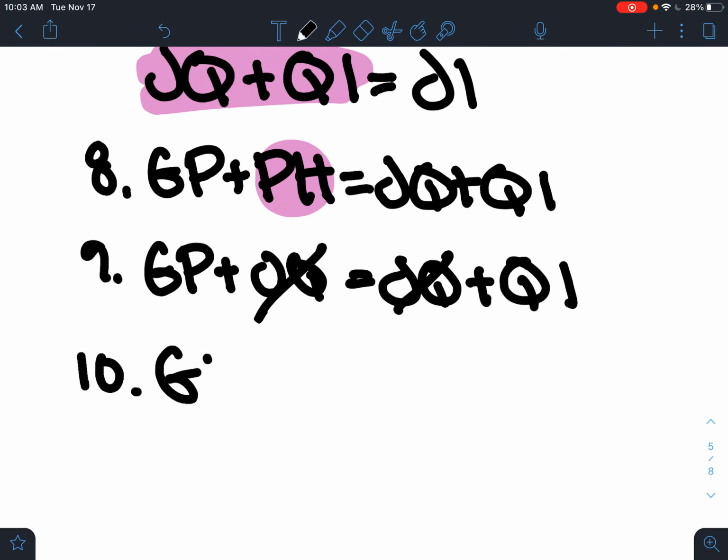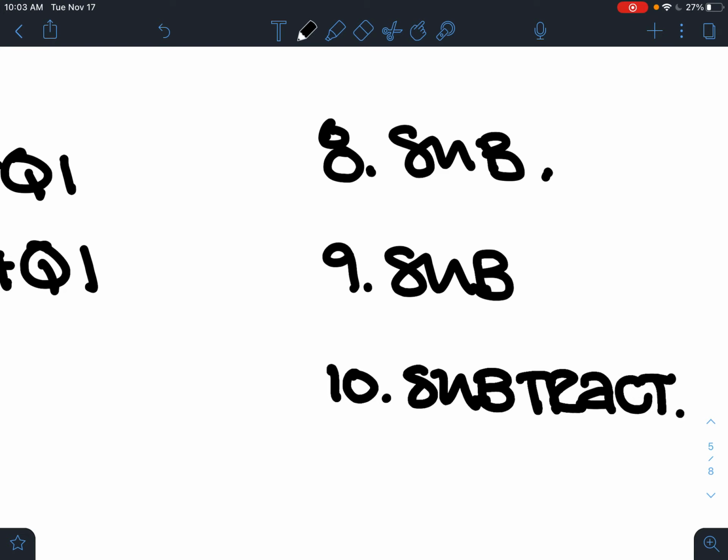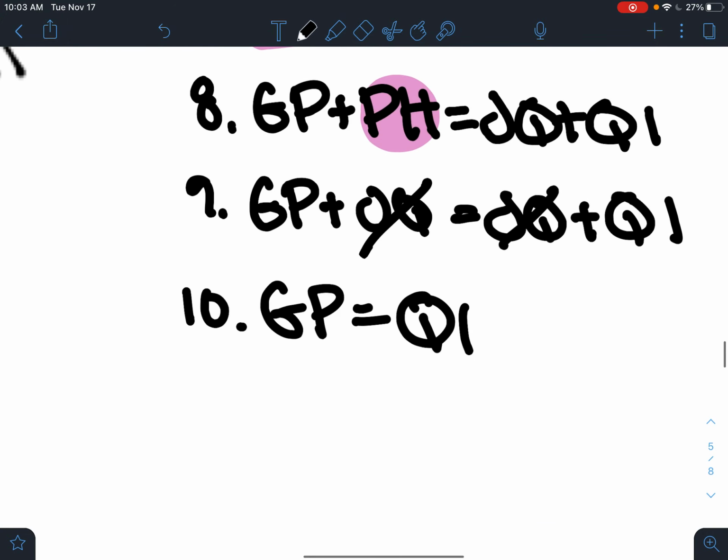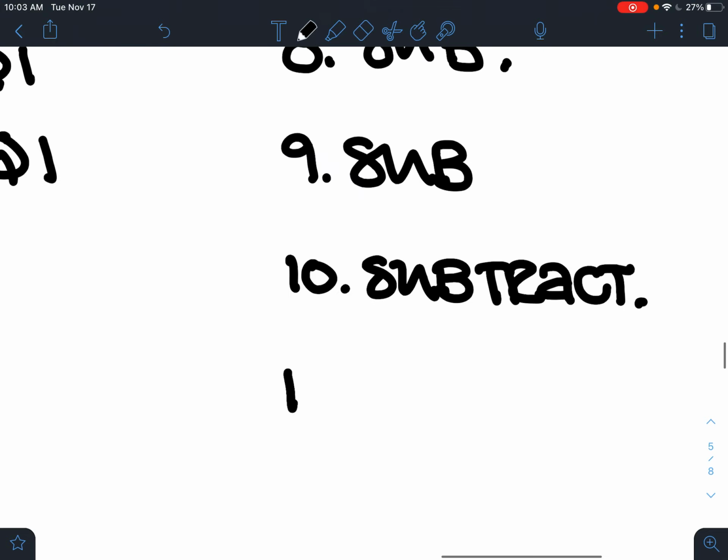So I'm going to get GP equals QI through subtraction. So I'm going to now set those congruent to one another using a definition of congruence.